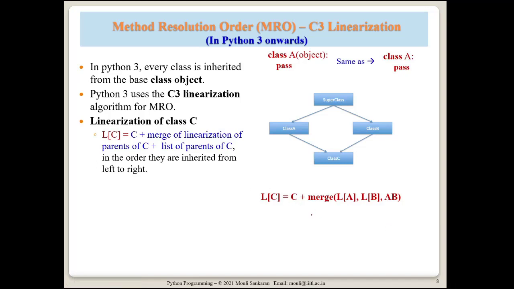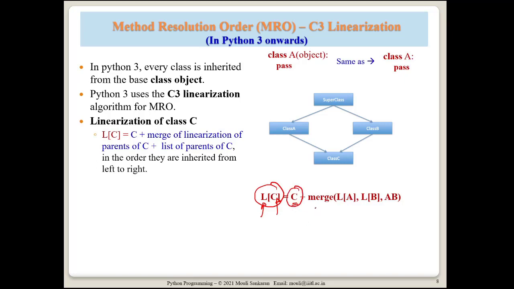Now, it's a recursive definition. If you are making a list for class C, this is the linearization of class C. You are making a list in square brackets. The first class in that list is going to be C, for sure.